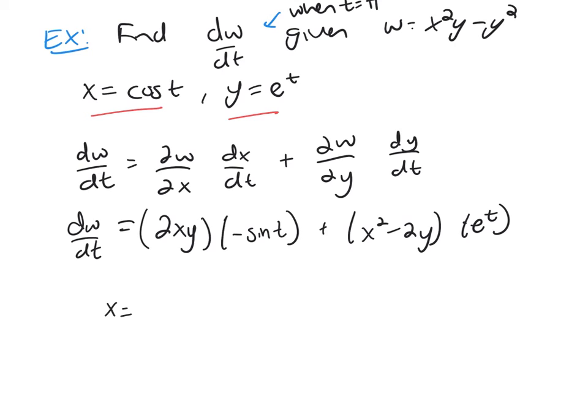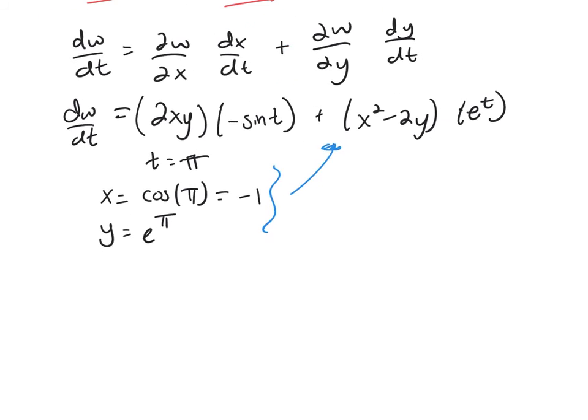So if t is pi, cosine of pi is -1, y equals e to the pi. And so now, when we said t is pi, we're going to plug in all of this into our derivative.